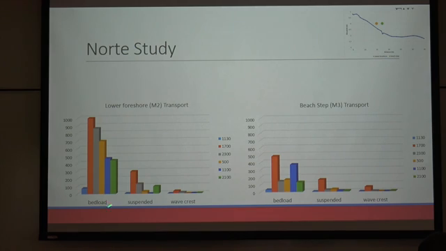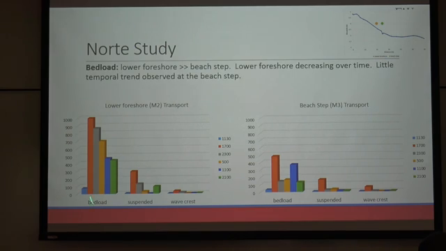The lower foreshore bed load quantity that was measured was much larger than what we measured at the beach step. Here we can see it peaks, coinciding with the peak of the storm and the highest waves that were measured, and then it starts to decrease over time at the lower foreshore. At the beach step, there's not the same relationship.